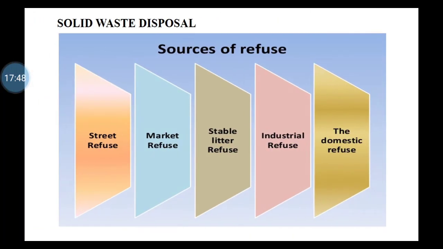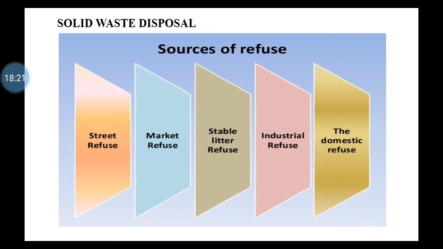Now, sources of refuse: how does this refuse get accumulated? This waste matter accumulates from streets. So many houses are there, streets are there, so many markets are there, maybe vegetable market, maybe fruit market. Then stable litter, industrial refuse, and domestic refuse.